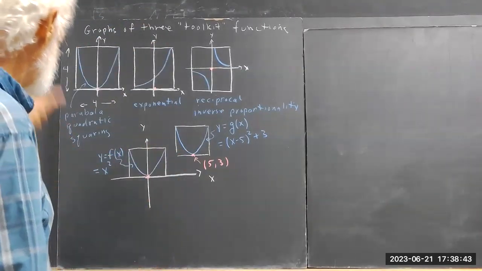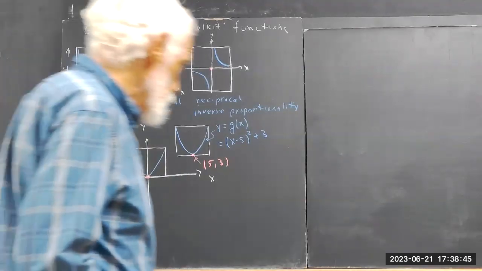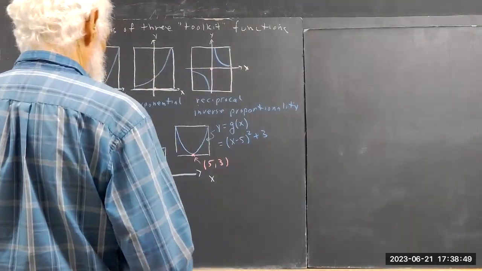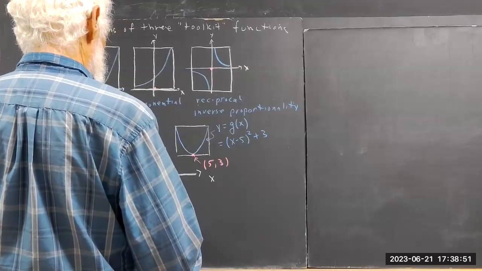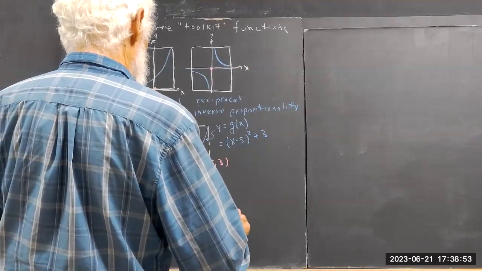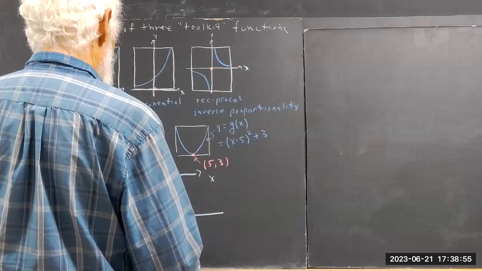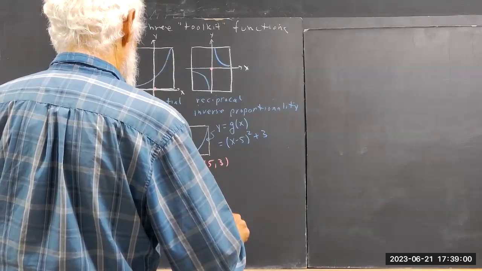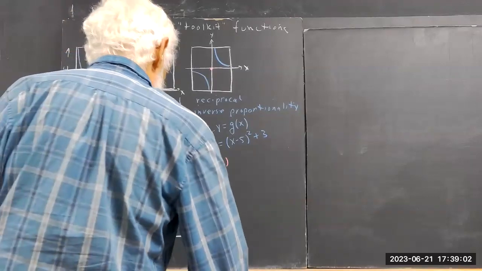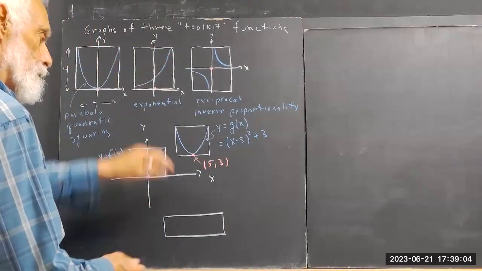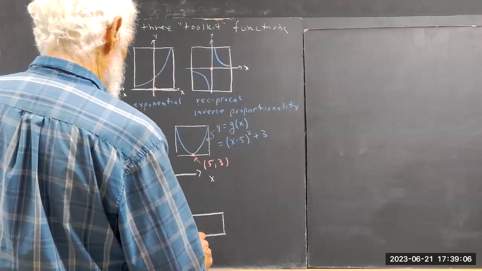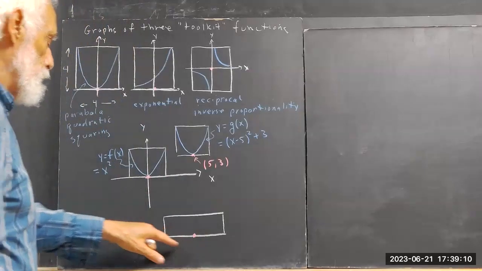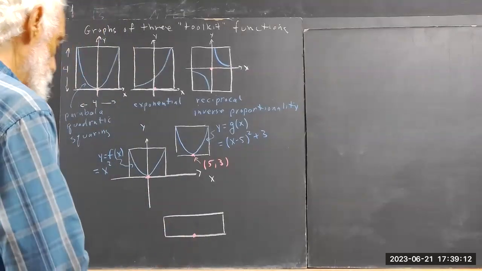Okay, so we might have another graph that would go in a much wider and compressed rectangle. Okay, a red dot might still go here.